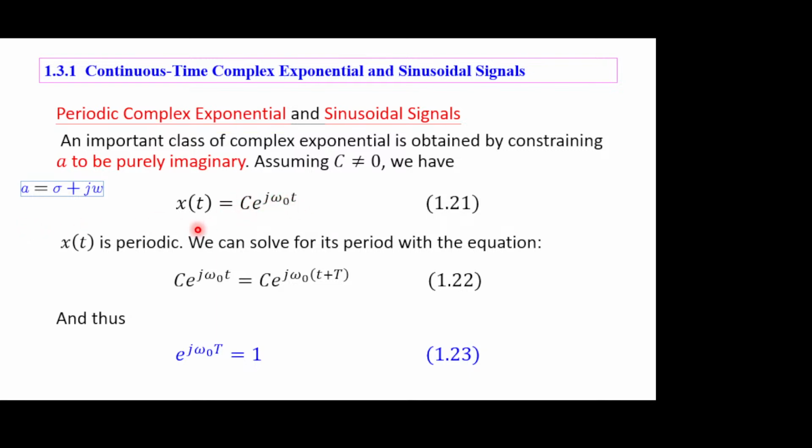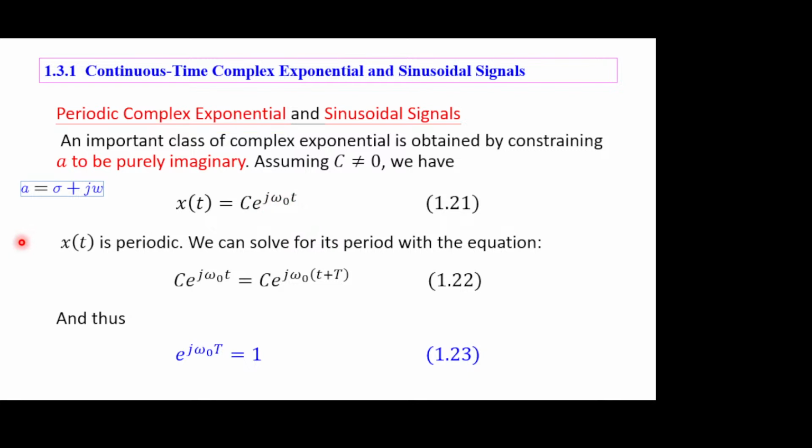We also call this omega 0 instead of omega, because that's the convention; this omega is going to be important, so we give it a subscript to show that it's special. So a is now j omega naught.